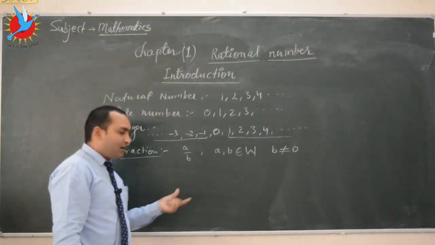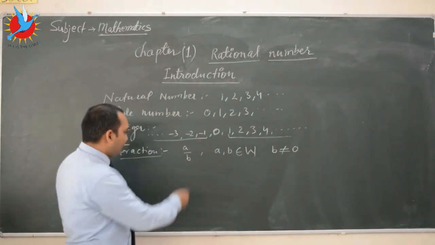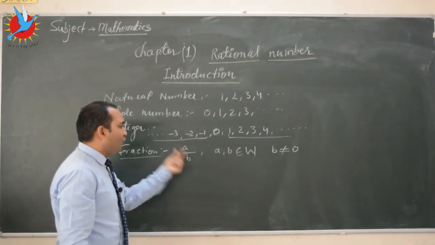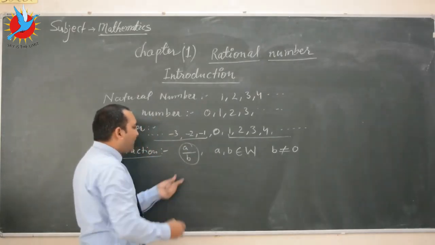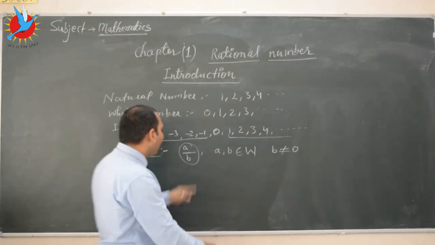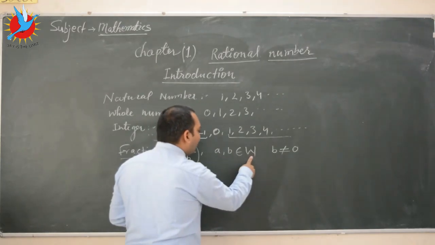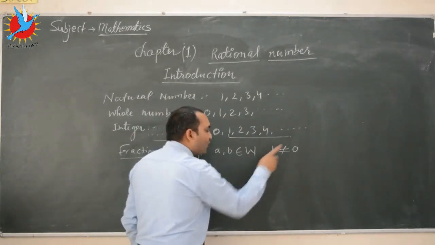A fraction can be written in the form of numerator and denominator. a is called the numerator and b is called the denominator. Both should be whole numbers, but one condition is there, the denominator should not be equal to 0.